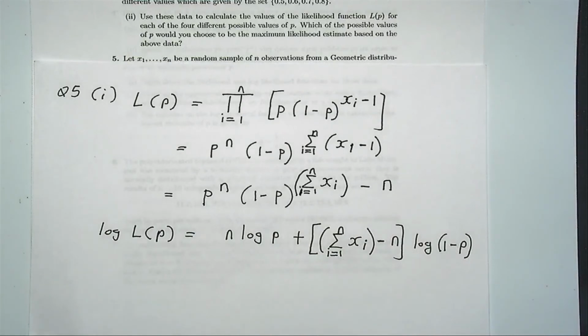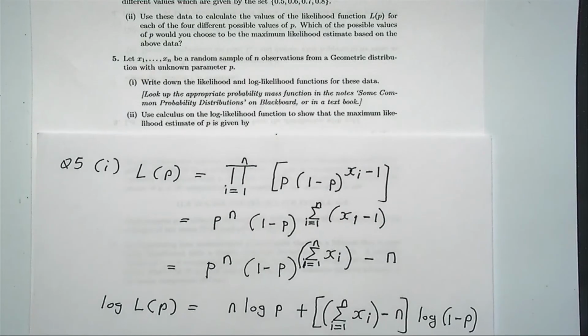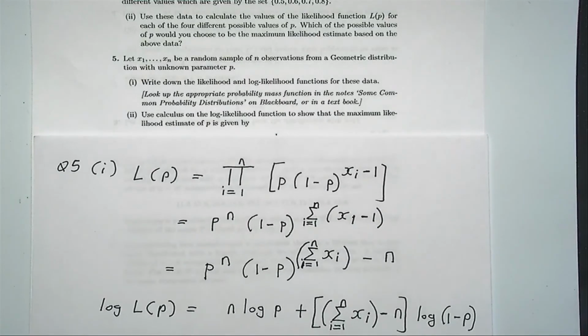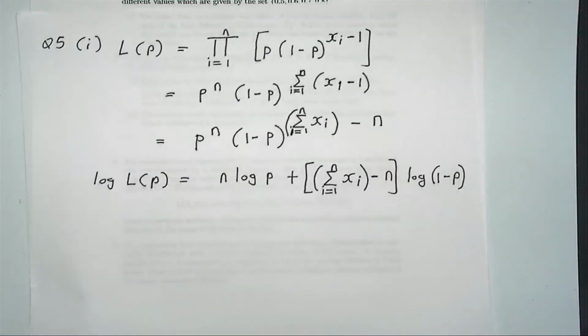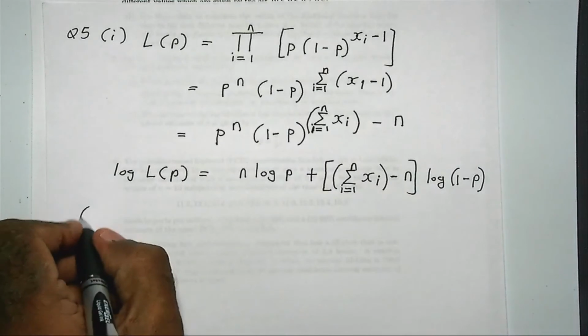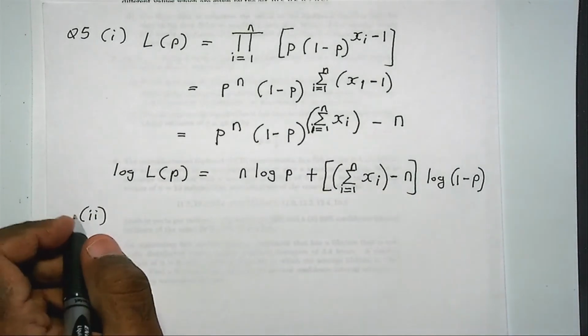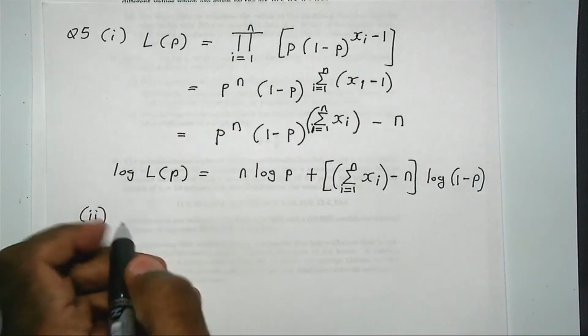Now the second part of the question is to find the maximum likelihood estimator for p. To find the maximum likelihood estimator, as I explained in the videos, the first thing you need to do is to take the derivative.